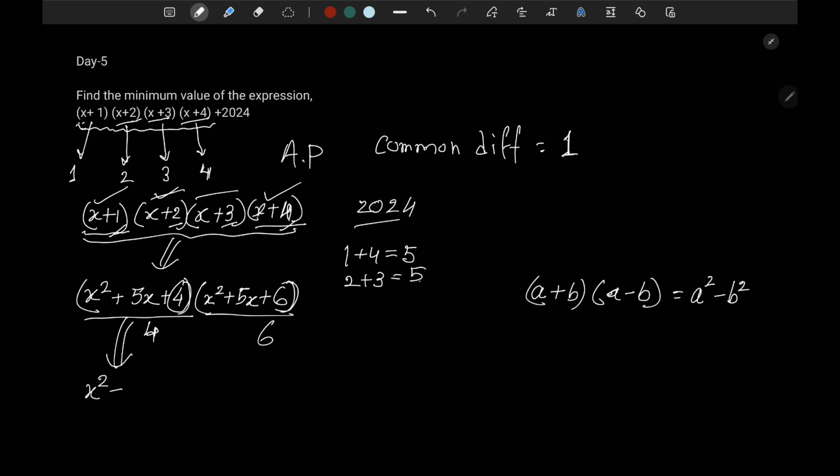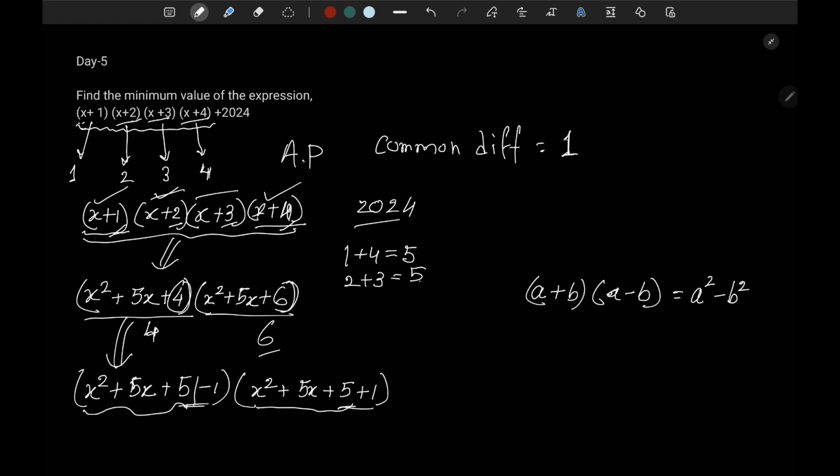We can rewrite this thing as x square plus 5x plus 5 minus 1, because we have to get 4 ultimately, and this one will be x square plus 5x plus 5 plus 1, because here we are looking for 6. Now this part, only up to this part, is common in both the parentheses, right? You have x square plus 5x plus 5. Here also you have x square plus 5x plus 5.